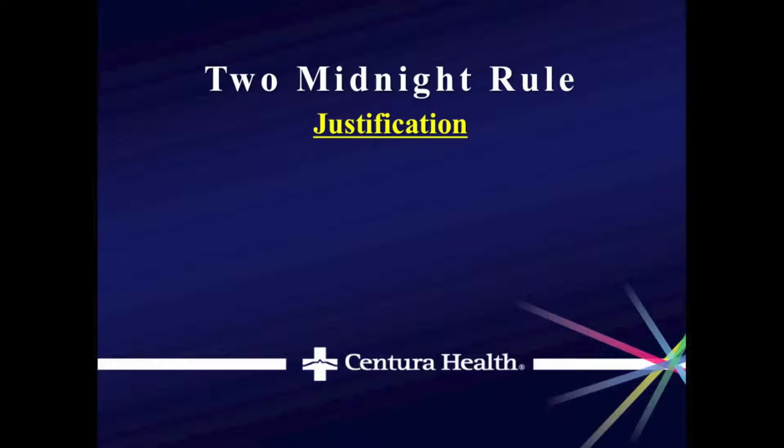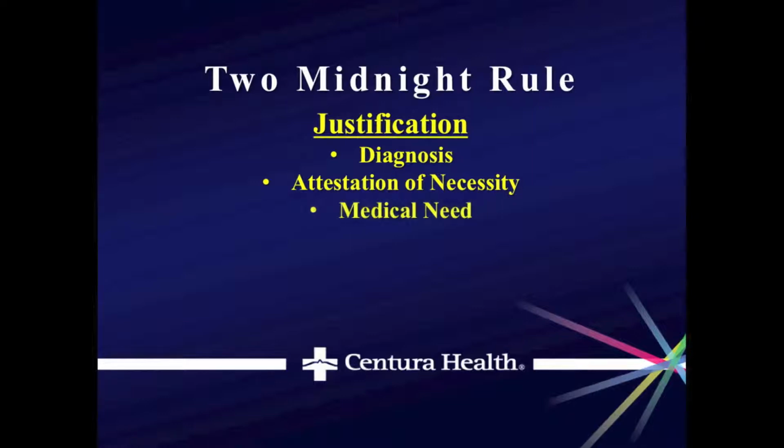Your documentation should include the following. 1, an admitting diagnosis, and not simply a symptom. 2, attestation of necessity, that is an aspect of diagnosis, testing, and/or treatment that is consistent with hospital care. 3, your attestation should mention high medical needs such as severity of illness, intensity of services, or risk for adverse outcome.